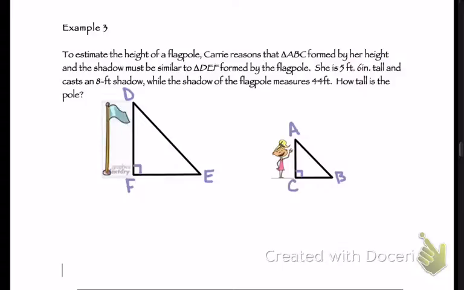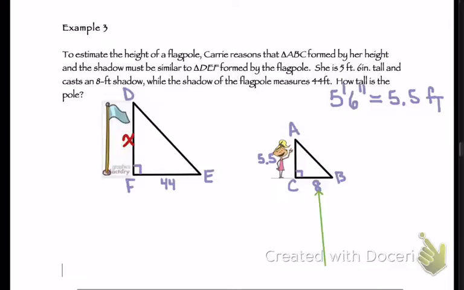It says she is 5 feet 6 inches tall. I'm going to convert that. 5 feet 6 inches tall is the same thing as 5.5 feet. It's going to be easier to work as a decimal, so I decided to convert it. So I know she is 5.5 and casts a shadow that is 8 feet.